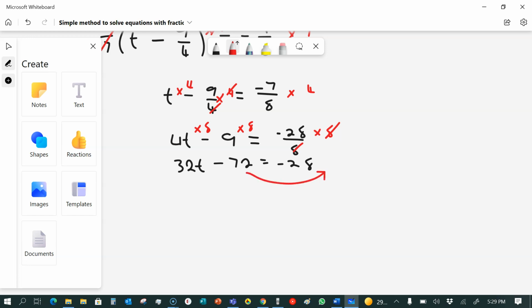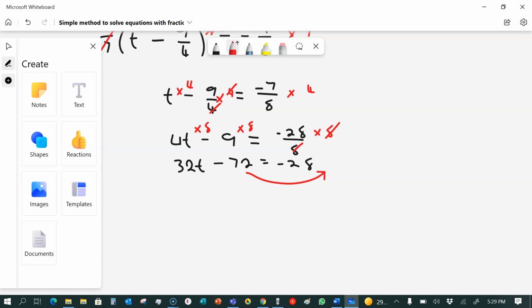So I'm going to move 72 to that side, and then it's going to be positive. Of course, this is a shortcut. If you want to use the longer method, you can apply the additive inverse here. You can add 72 both sides, so that minus 72 plus 72 would give you 0. But the simplest way is to say, I'm going to move 72 to the other side. If it's negative here on the left, it means it's going to be positive on the right.